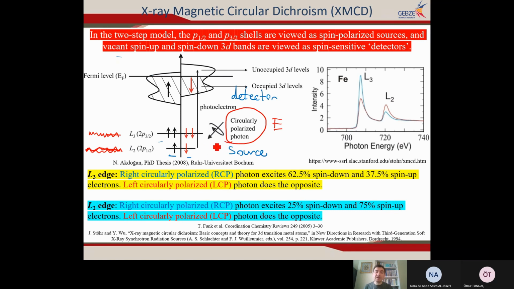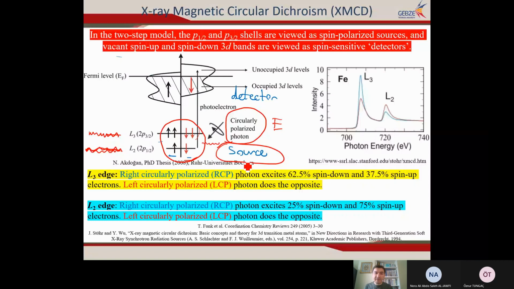If this incoming photon energy is around the absorption energies of this L3, L2 levels, then you can excite these electrons from these levels. Then you can excite them to the upper energy levels. You can excite them to the 3D level, okay? So then these 2p levels are considered as spin polarized source.